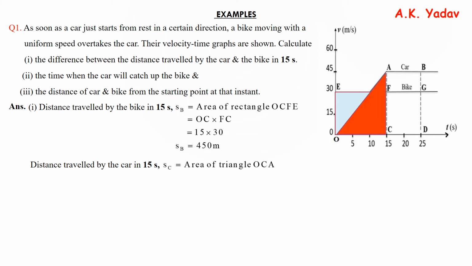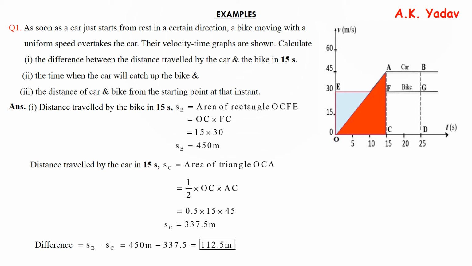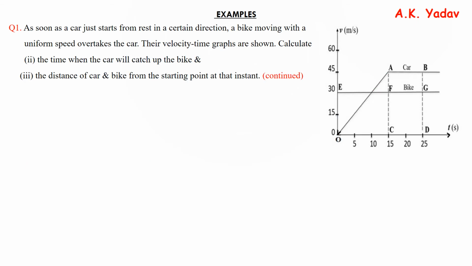It is equal to area of triangle OCA, that is equal to half into OC into AC, that is 0.5 into 15 into 45, and that gives 337.5 meters. So the difference is the distance traveled by the bike minus the distance traveled by the car, which is equal to 450 minus 337.5, and that gives 112.5 meters.